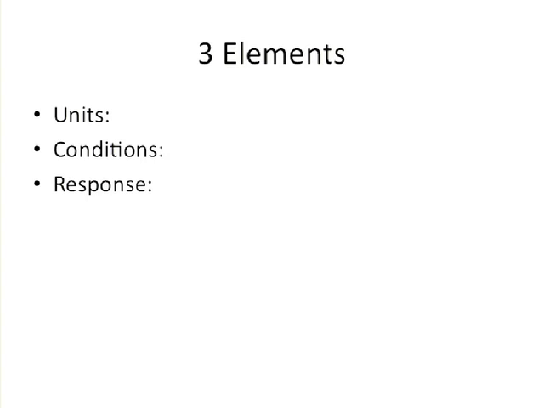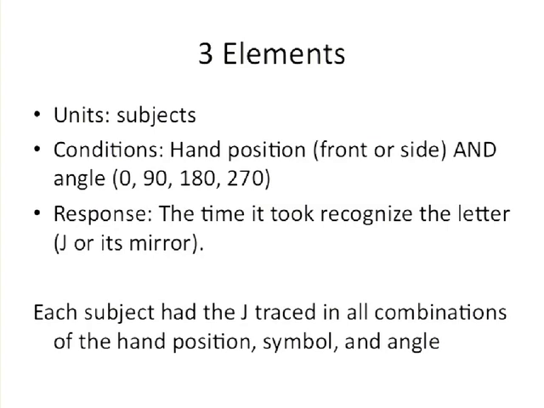Mirror or regular J. So here we have 3 different conditions, one with 2 levels, another with 2 levels, and one with 4 levels. So each subject had the J traced in all combinations of the hand position, symbol, and angle. So they had their hand in both positions, they had the symbol flipped, and all the angles.